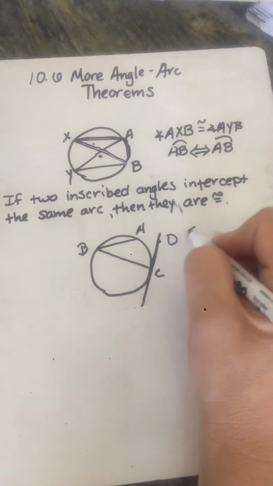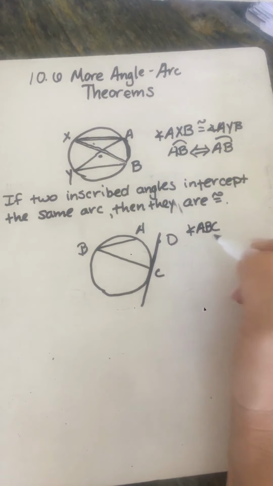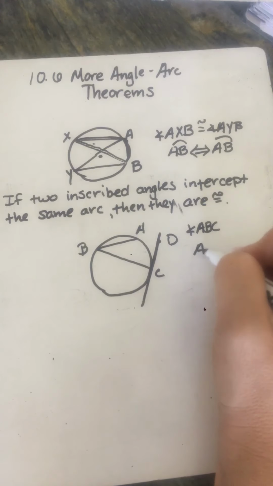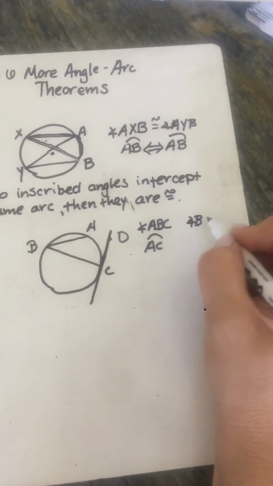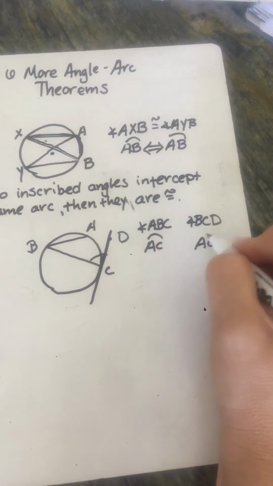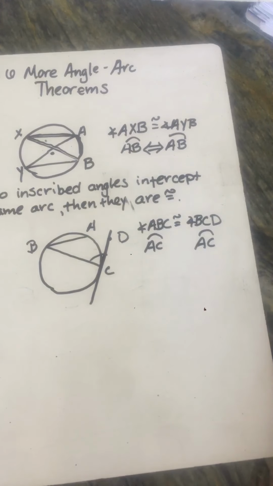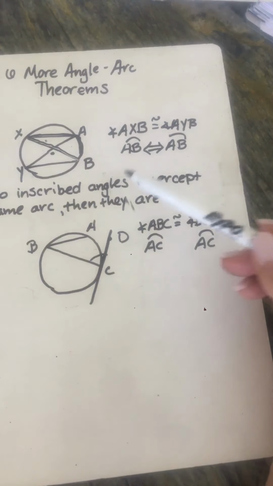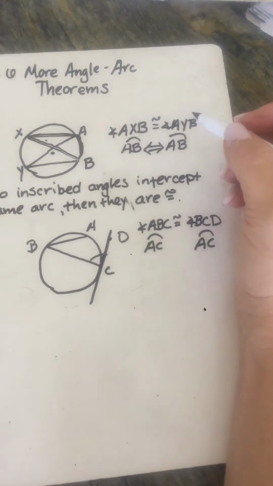Angle ABC intercepts arc AC. And then angle BCD intercepts arc AC as well. So guess what? Those angles are congruent. So this works for inscribed angles as well as tangent chord angles.